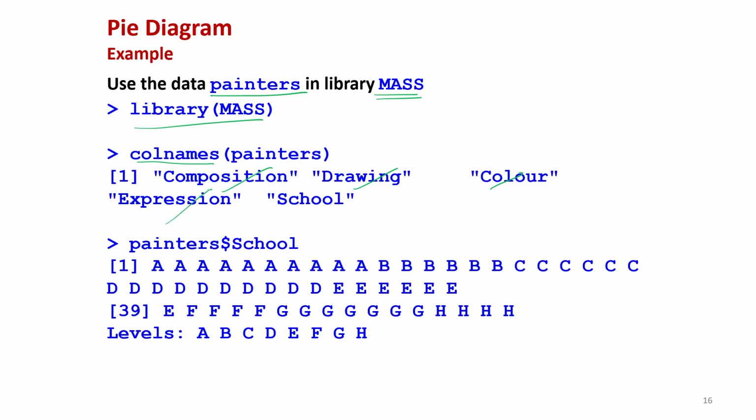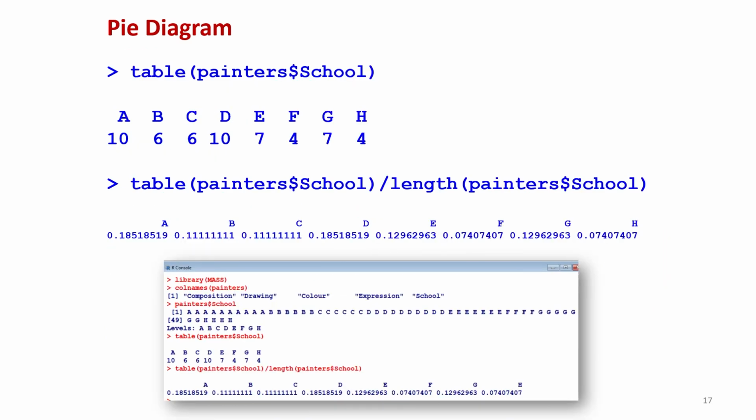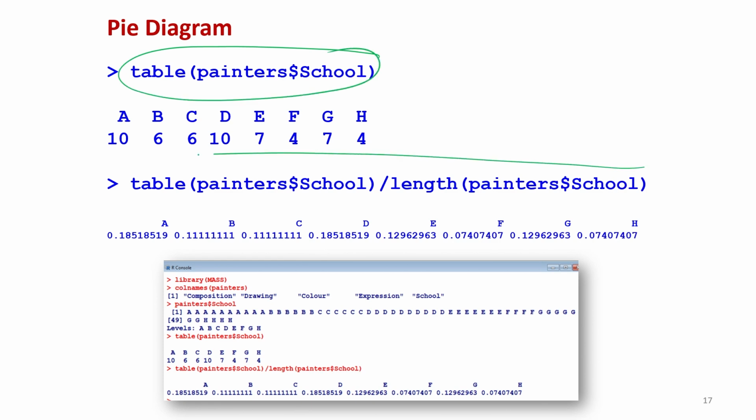These are the 4 quantitative variables, and there is one qualitative variable, school, which gives the idea of which school each painter attended. Its absolute frequency can be obtained by the table command, and its relative frequency by using the table command with the variable divided by the length.